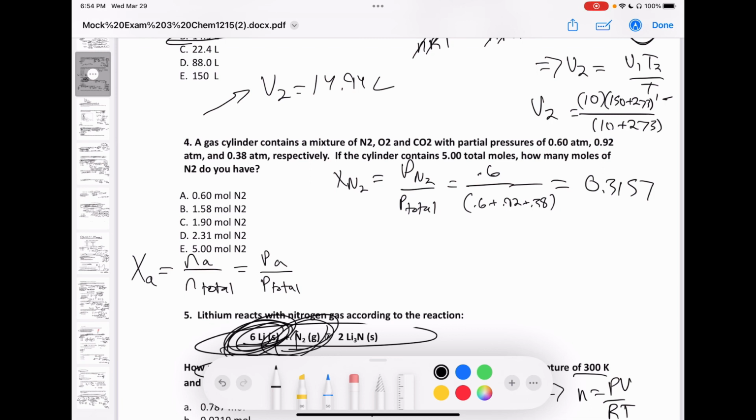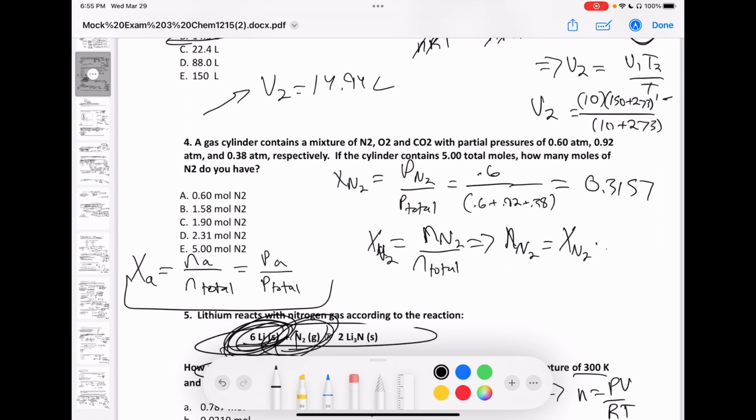If we use this again, we know that chi of N2 is equal to moles of N2 over moles total. We can rearrange this to solve for the moles of N2, and we get that moles of N2 is equal to chi of N2 times the moles total, which we're given.